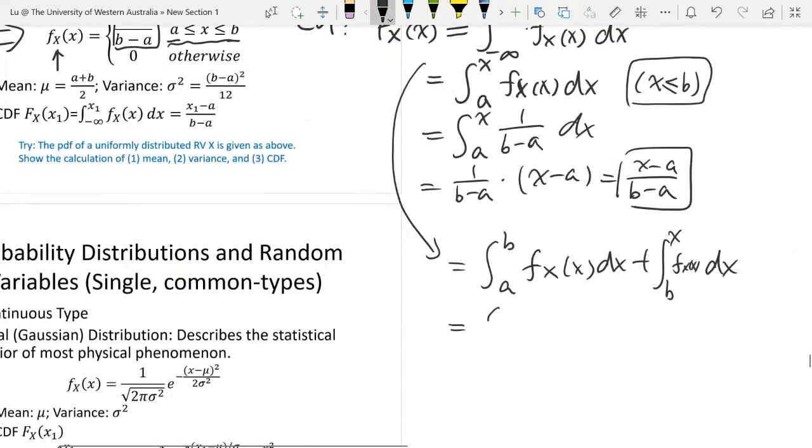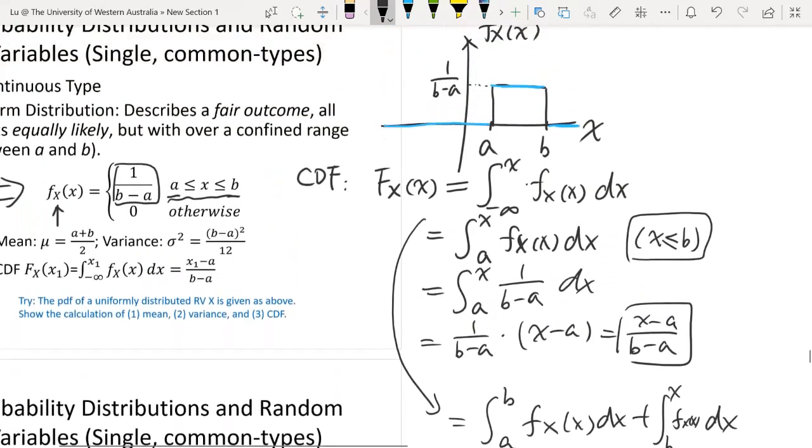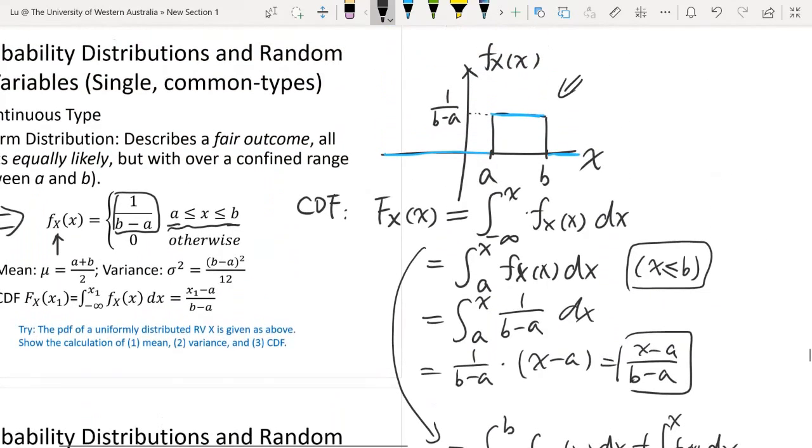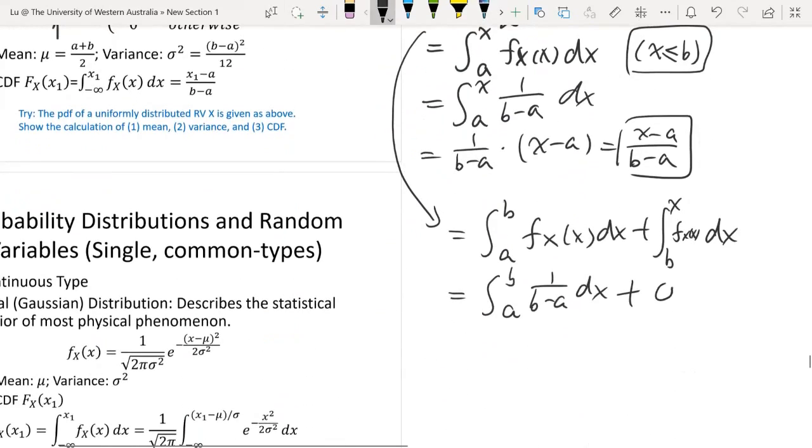Within a to b, you can just copy down 1 over b minus a dx, plus from b to x. Because currently the x value is higher than b, we go back to the PDF curve here. You can see if x is higher than b, the value of the PDF function curve will be 0. So this part will be 0. This gives us b minus a over b minus a, which is equal to 1.